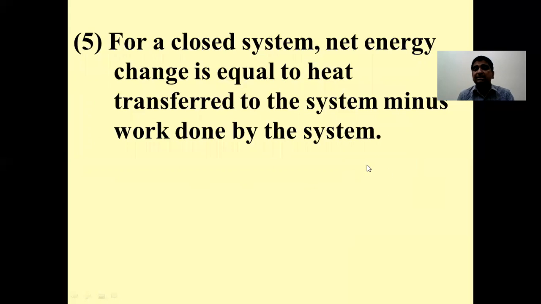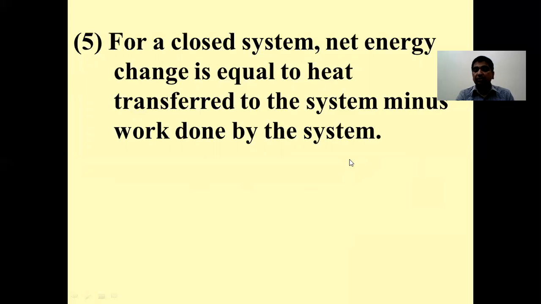Now this statement will be more clear in the next slide when we consider the mathematical form of the first law of thermodynamics. So for a closed system, what is the net energy change? That net energy change is equal to the heat transfer to the system minus work done by the system.